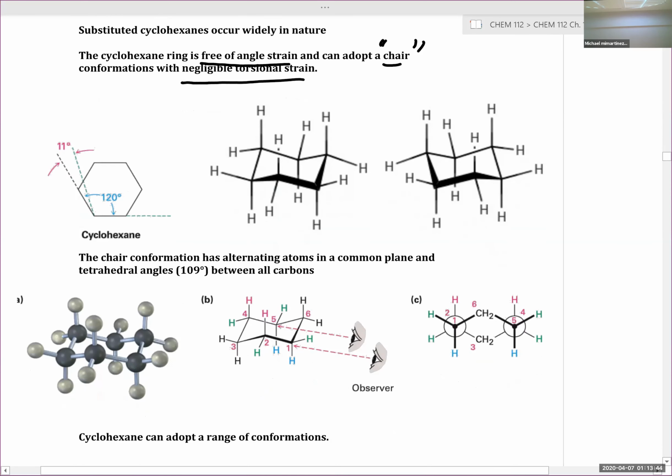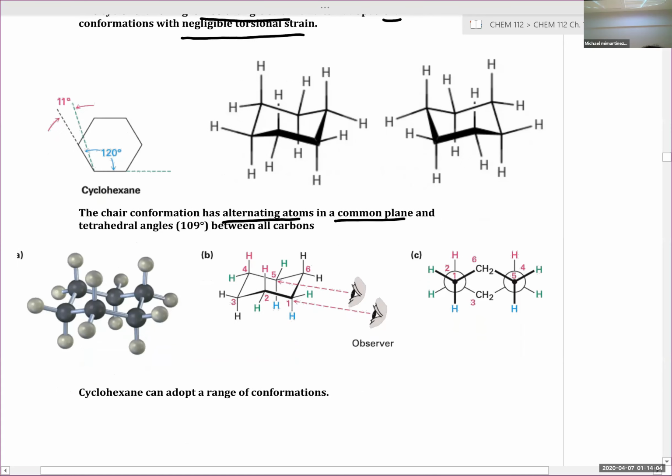And the best way to visualize a chair conformation, we have alternating atoms in a common plane. So some of our carbon atoms are up, the other set of our carbon atoms are down. Now, just like we can generate Newman projections for linear systems, we can also generate Newman projections for cyclic systems.